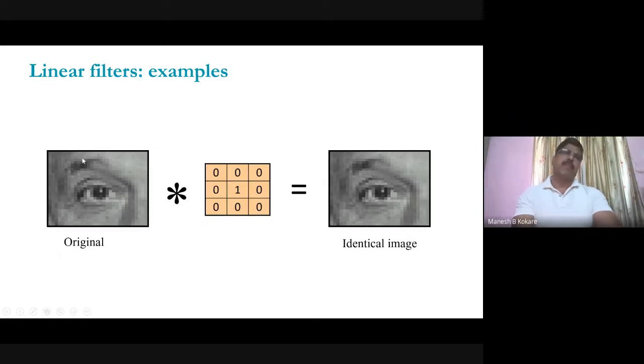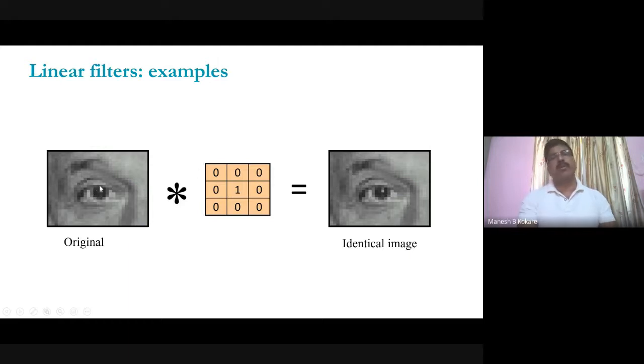Okay, so for example, if you do the filtering of this image with this mask, what will happen? You are just convolving, or basically multiplying, the center of the mask with 1, and the rest of the things will be equal to 0. So if the mask is like this, and you do the filtering on this one, you will get an identical image, because you are just multiplying the pixel under consideration with 1, and your filter output will be equal to the same.